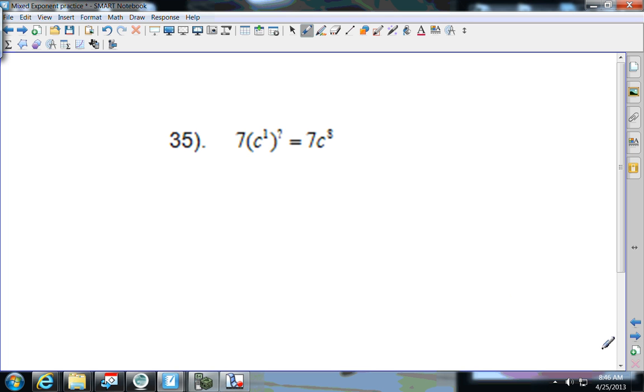Here's the next one. These 7s, they're still there. They're the same. So now I'm just worrying about the power to a power. 1 times what gives you 8? This should be 8. Here's 36.